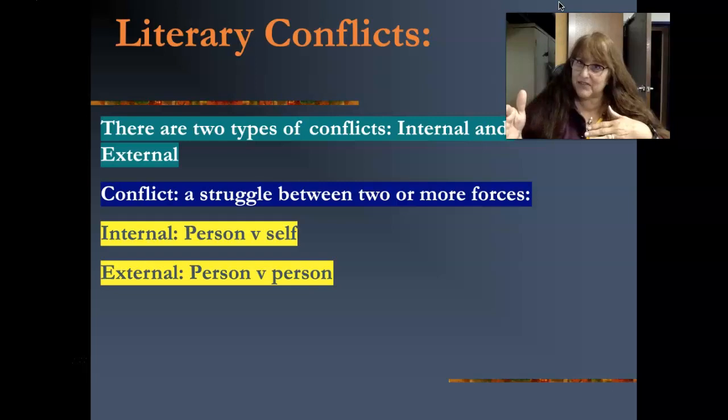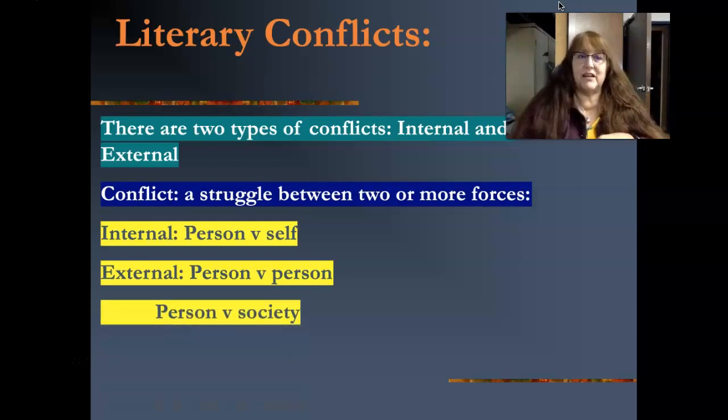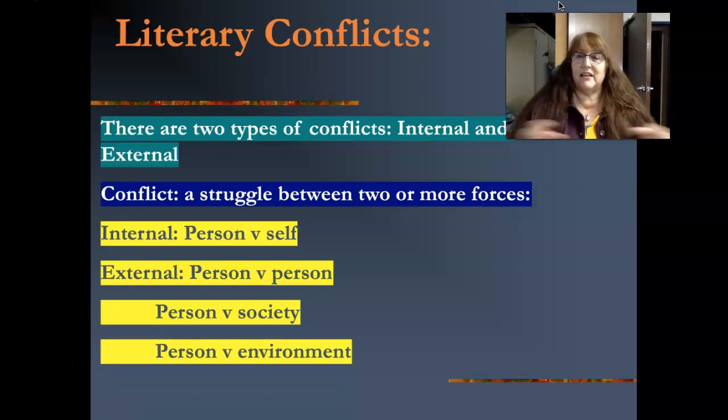External is something else. Person versus person, right? Curly and Lenny, right? Person versus person. Also external. Person versus society. Lenny was mentally challenged, but they didn't understand that. So everywhere he went, he had struggles. Person versus society. You have person versus environment, right?